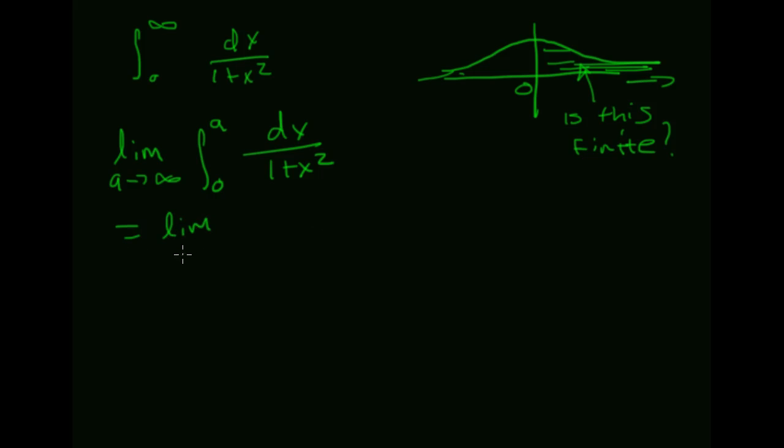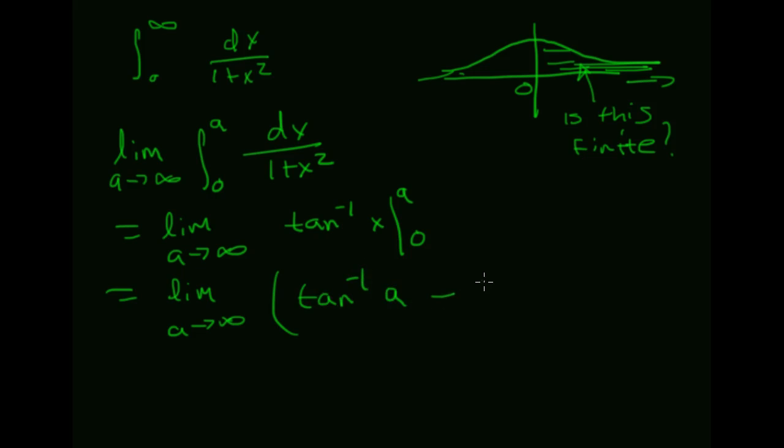This is going to be the limit as a approaches infinity of, well, that's the inverse tangent of x from 0 to a, which means that I now have the limit as a approaches infinity of the inverse tangent of a minus the inverse tangent of 0. Well, if we follow this, this is going to go to 0, right?